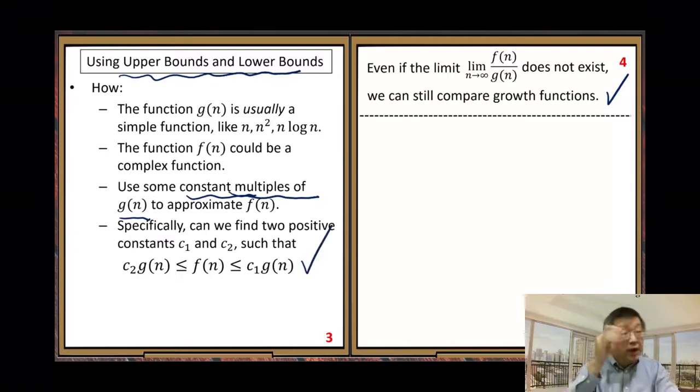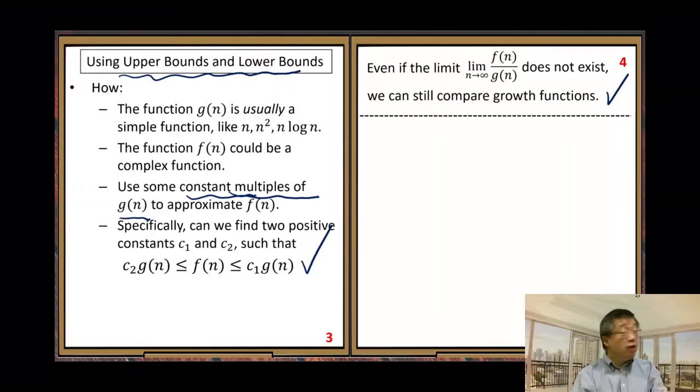So this is the new criteria we use to replace our old limit of the ratio of two functions. In this way, we can avoid the limit. In this formula, you cannot see the limit, right?